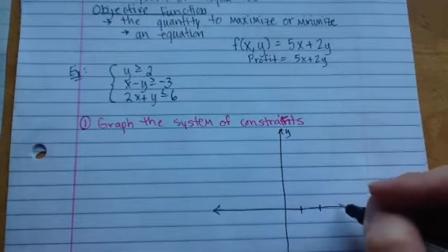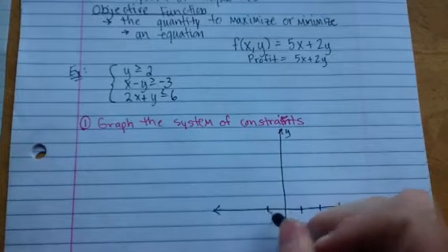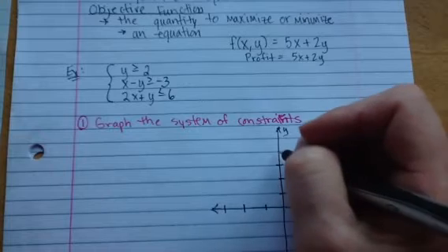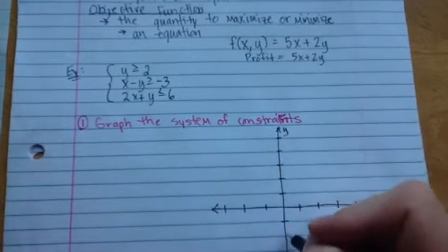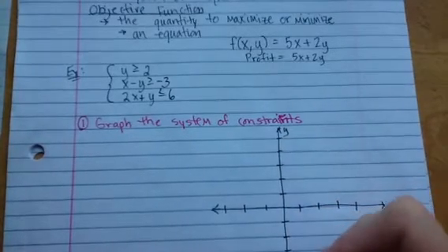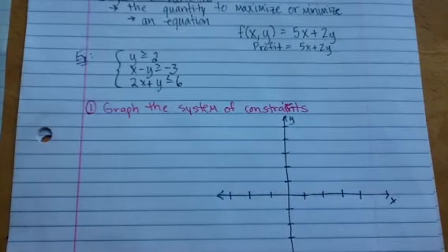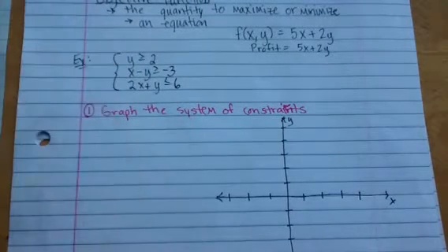Usually when I'm working a linear programming problem, I will not use graph paper because I want the end result to be a nice looking graph that could be professionally presented. Now here I'm using notebook paper. Normally I would just use plain white paper. So let's graph these inequalities one at a time.